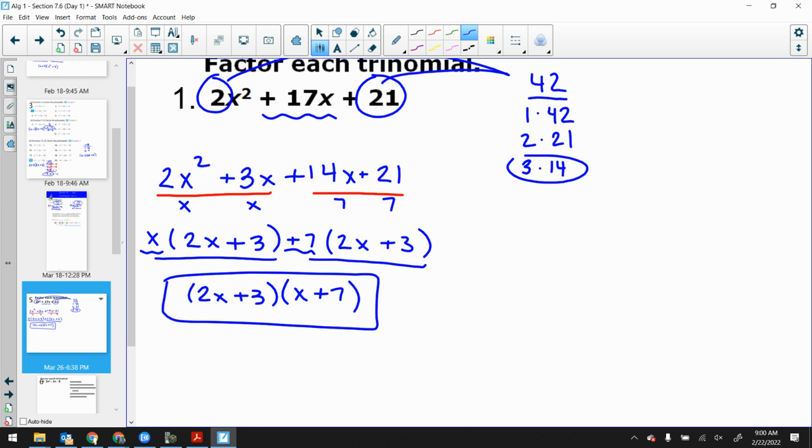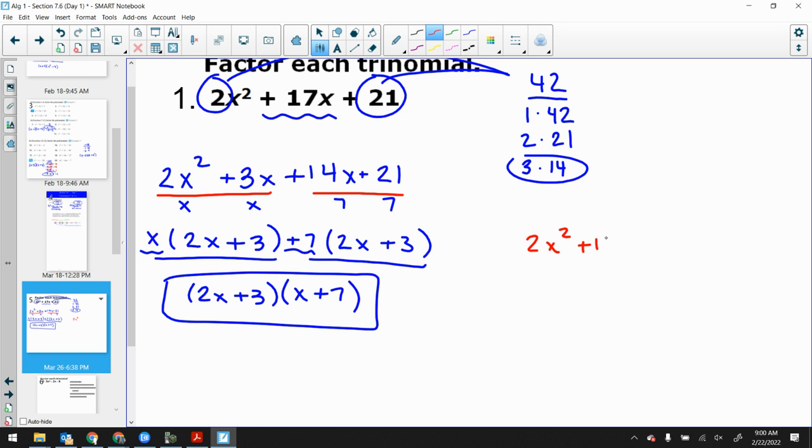Could I FOIL that back again and get my answer? Yeah. But how do you know that it's first plus 3x, and then plus 14x? Great question. How did I know whether to put the 3x or the 14x first? You'll get the same answer either way. Let me show you.